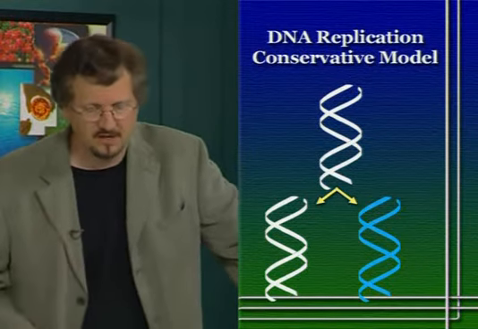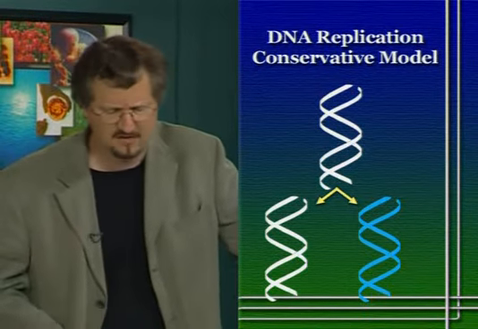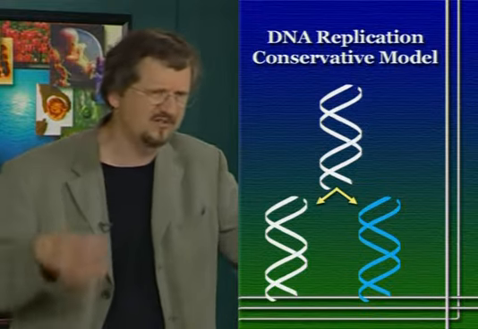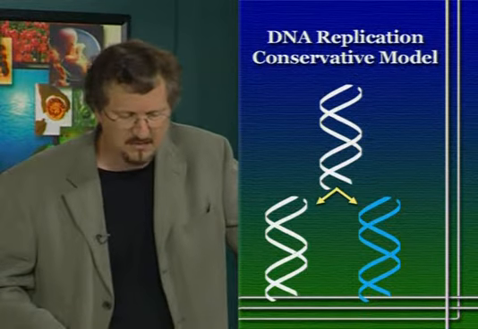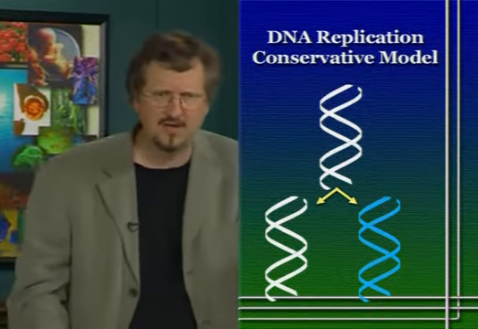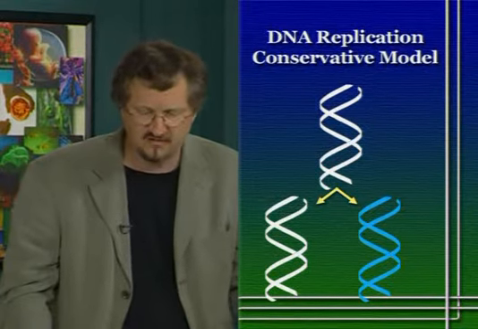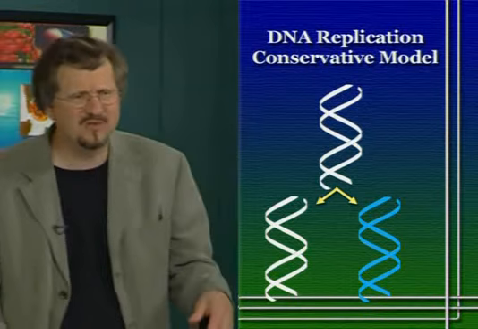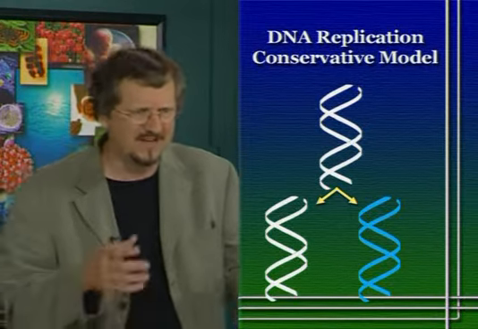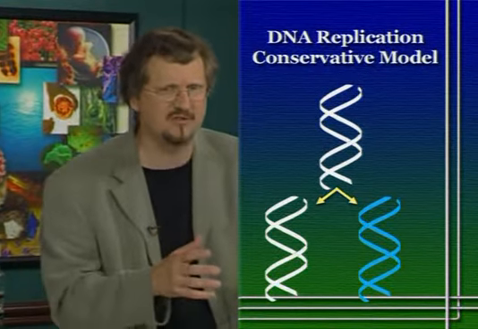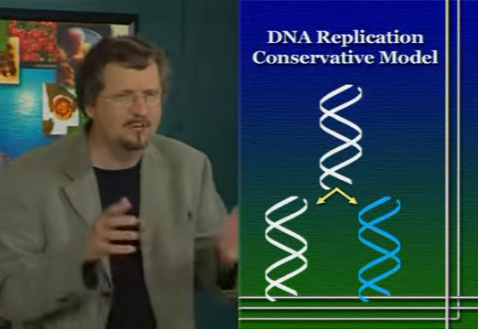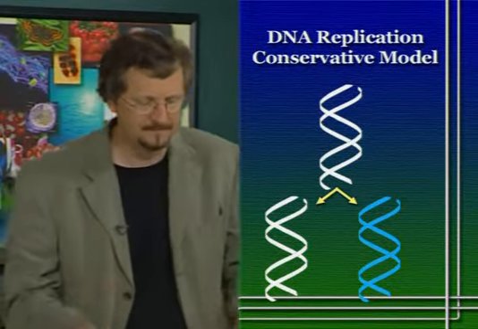This alternative was called the conservative hypothesis of replication, or the conservative model of replication, because the original DNA double helix molecule remained completely intact and conserved. The idea must be that there was some intermediate molecule that got information from the structure of the DNA helix and used it to build a completely different helix.